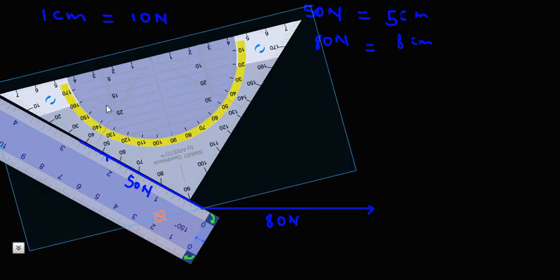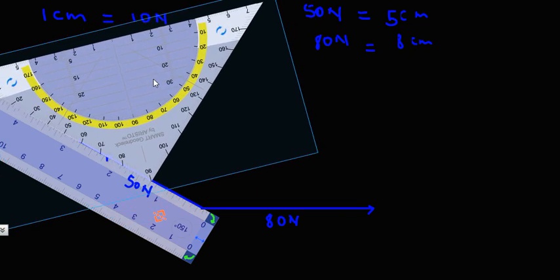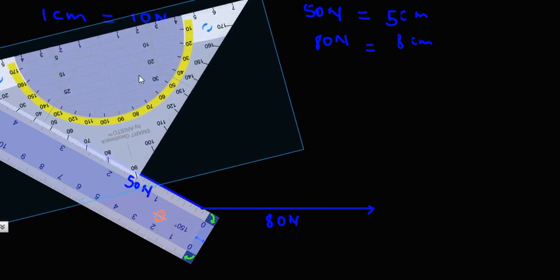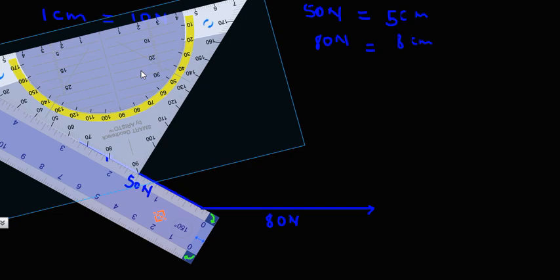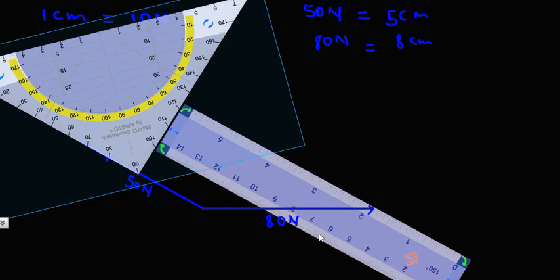Once it sits like this, push it to the top and make sure it aligns like this. Next, move your first ruler to the other side. So there you go.